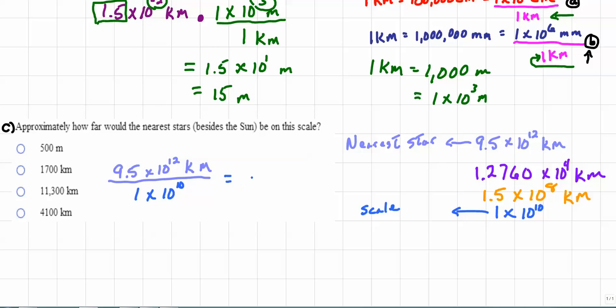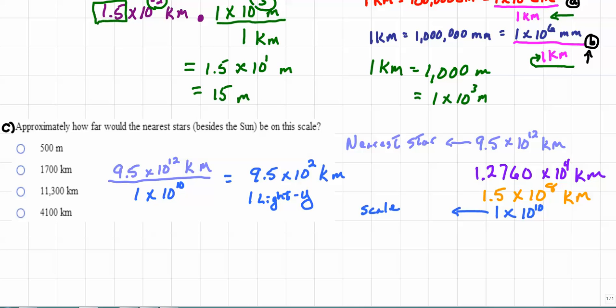And that's going to give 9.5 times 10 to the 2nd power kilometers. But this is for 1 light year.